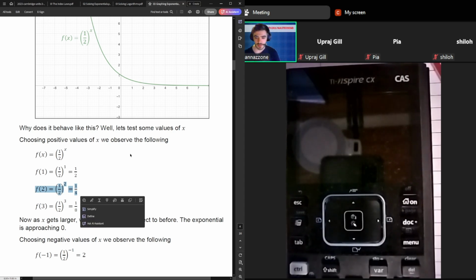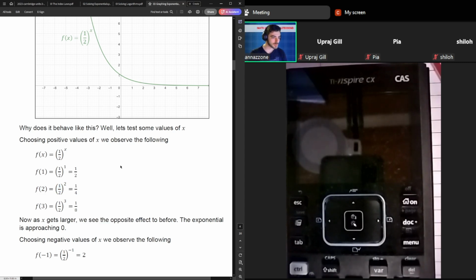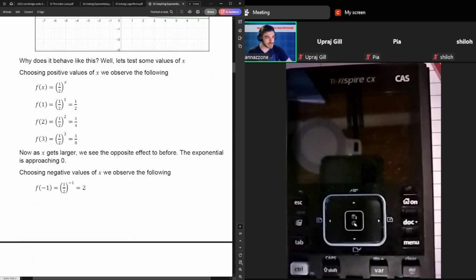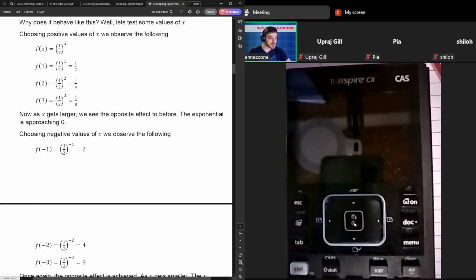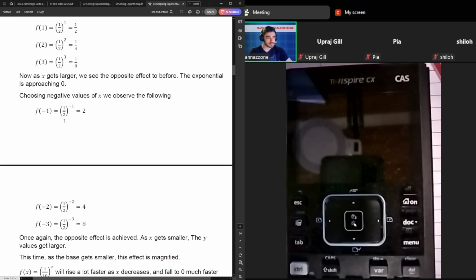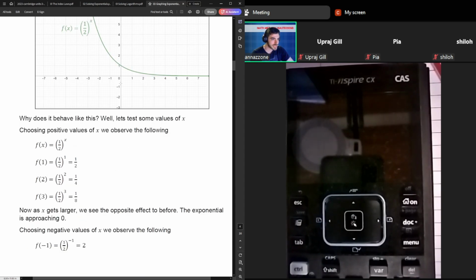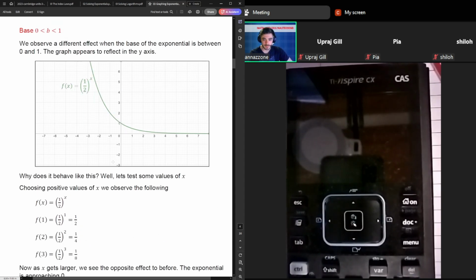So 1 divided by 4, and so on and so forth. So you see that it's flipped essentially. Positive x values are now tending closer to 0, and negative x values are flipping our fractions to integers. So instead of being 1 divided by 2, when you raise that to a power negative 1, you flip that. And that's giving you the 2, the 4, the 8, and so on. So your negative x values are shooting off to the positive.